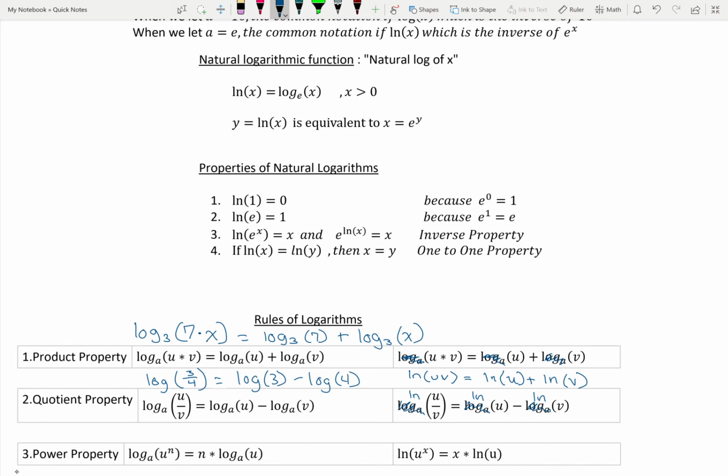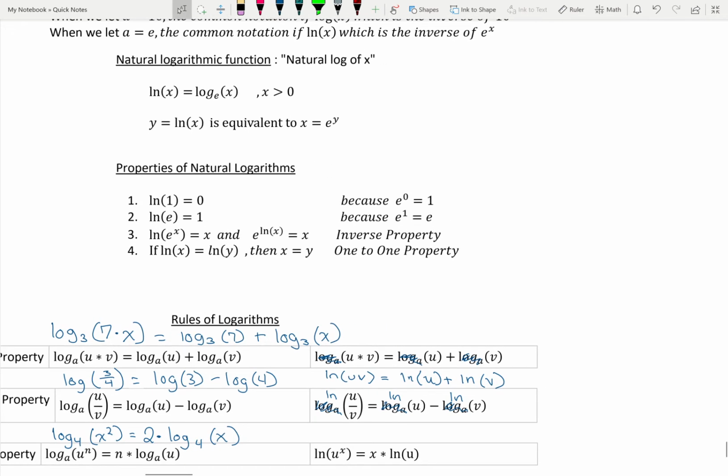So for instance, if I have log base 4 of x squared, anything in the exponent, I can just bring down and multiply my log function by. So it's equivalent to 2 times log base 4 of x, just like that. And the same thing applies for ln.